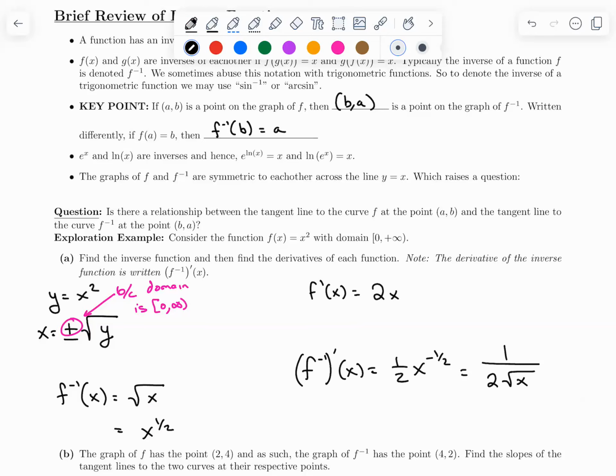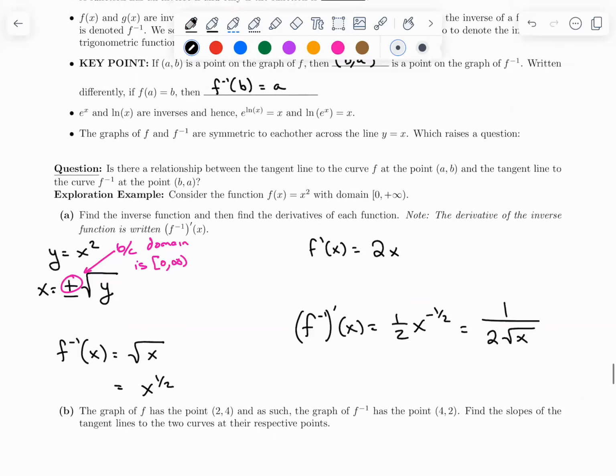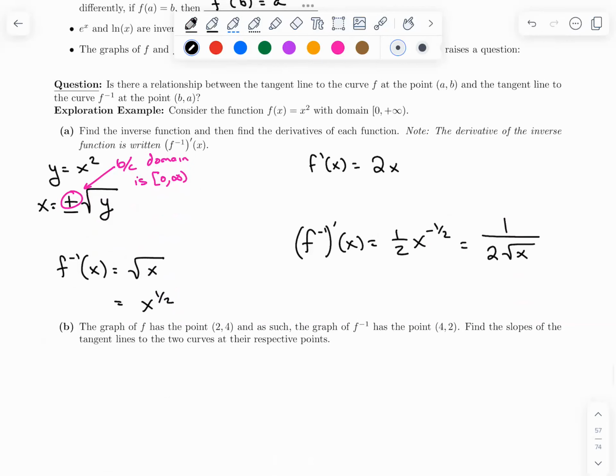The negative 1/2 power puts it in the denominator, and then it's the 1/2 power since it's the square root. So that's the derivative of f and the derivative of f inverse. They don't look super similar, not anything I would say is really cool and symmetric.